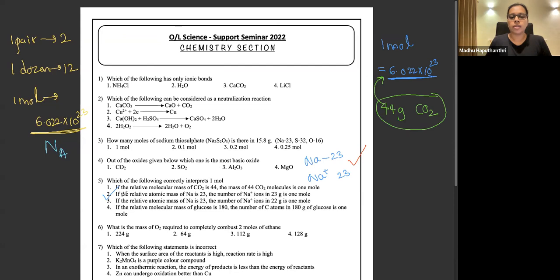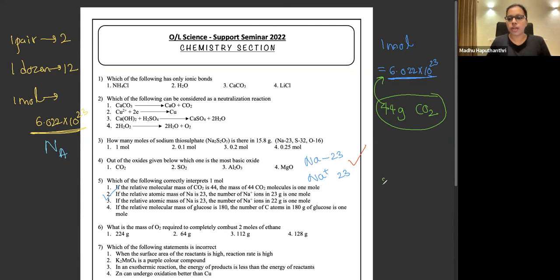We'll read it again. If the relative atomic mass of sodium is 23, yes. Now here also you can see the information in the question above. I'm giving the condition here. If the relative atomic mass of sodium is 23, the number of sodium plus ions in 23 grams is 1 mole. That is correct.